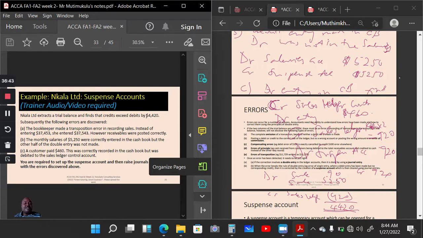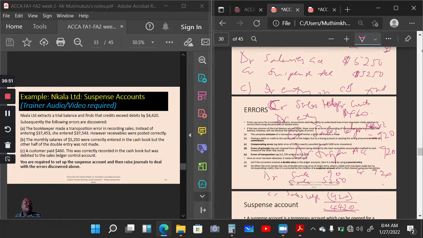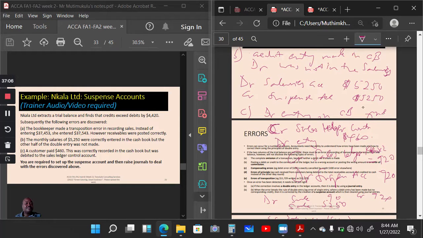One might ask, hey, why are we now debiting the suspense account when we have already opened a suspense account with a debit balance? What happens here is the credit entries which we have made are already surpassing the 44.